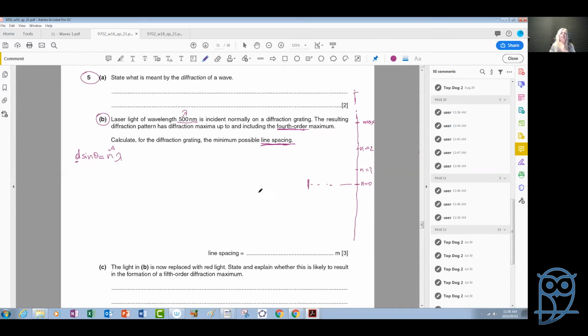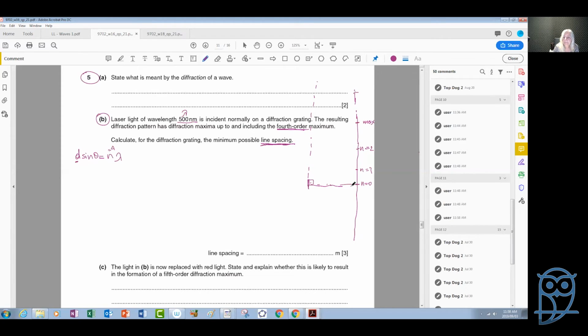We cannot see the next maximum of order 5, for example, because the angle becomes too wide. We consider this angle would be 90 degrees.